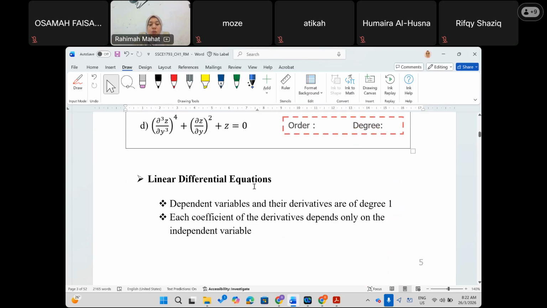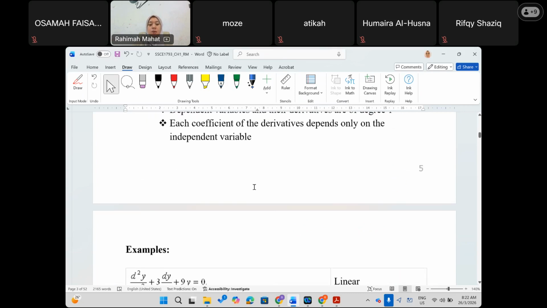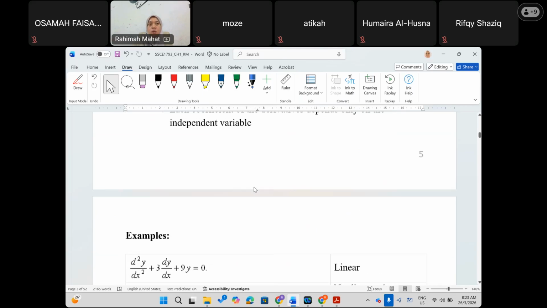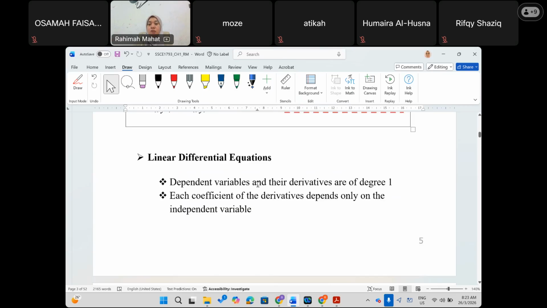Okay, next we go to the linear differential equation. Linear means that the highest power is 1. If you have the other equation, for example, the quadratic equation, that is not linear.